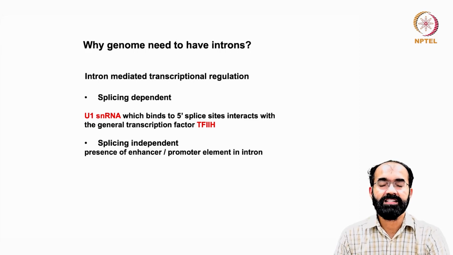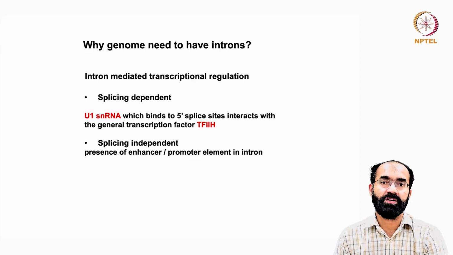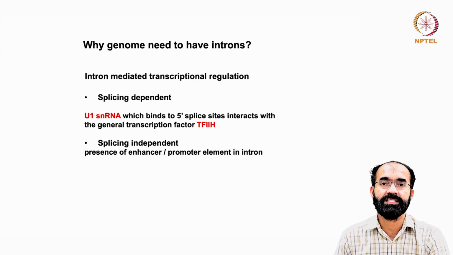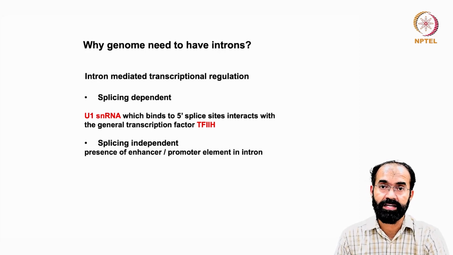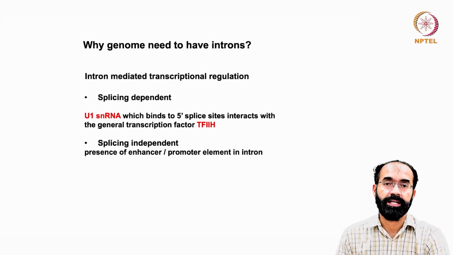So if you are making a transgenic animal, it is often advisable to include the first intron somewhere in the promoter region. It need not be exactly in the same place. If it is exactly in the same place, that is great. But if you include the first intron of that gene somewhere in the regulatory elements, that will enhance the transgene expression. So that is why introns do contain a lot of binding sites which attract transcription factors.